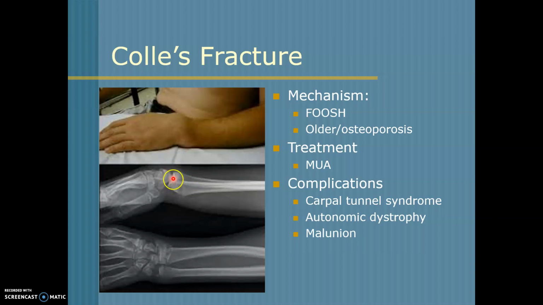The articular surface of the radius usually faces this way. It's tilted in the volar aspect at 15 degrees. And we don't want that articular surface to be anything more than at right angles to the axis of the radius.